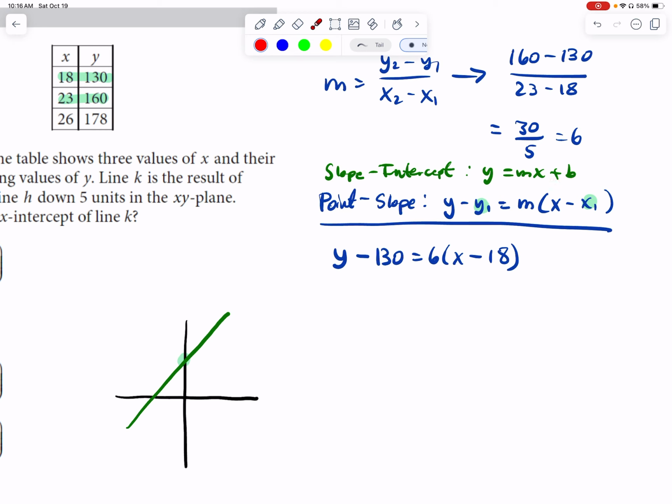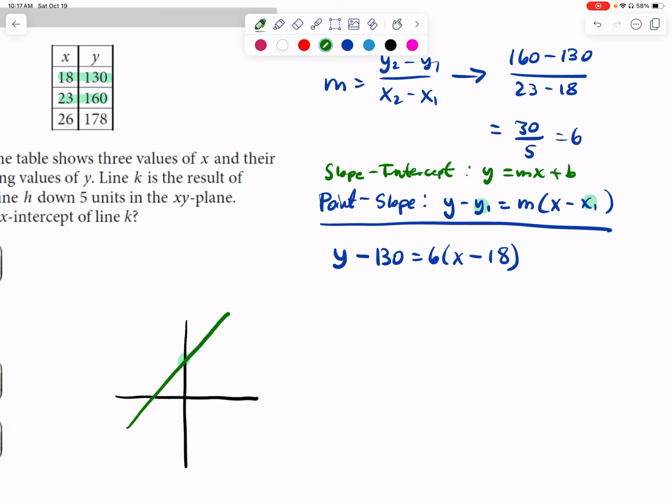You might ask, why didn't I start here? Well, I would have to select my x and y values, plug them in, solve for b, and then rewrite my equation. So I always think point-slope form is a somewhat faster way to start, because you have the equation of the line right here.